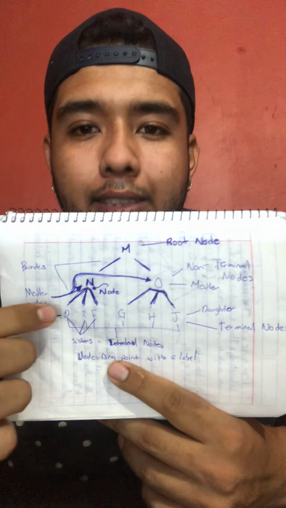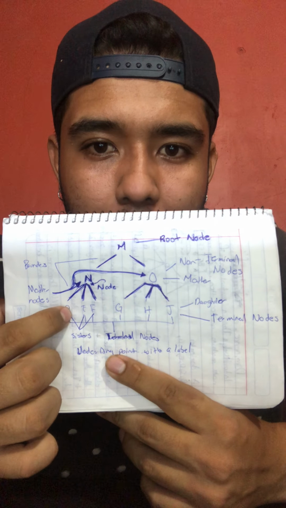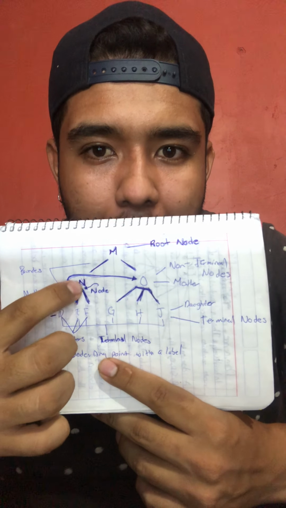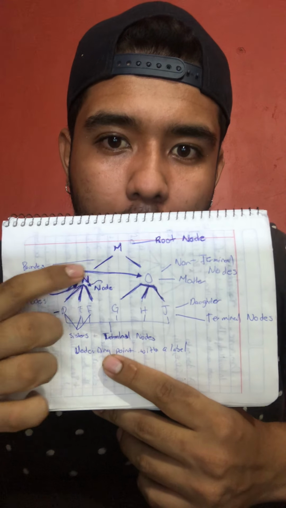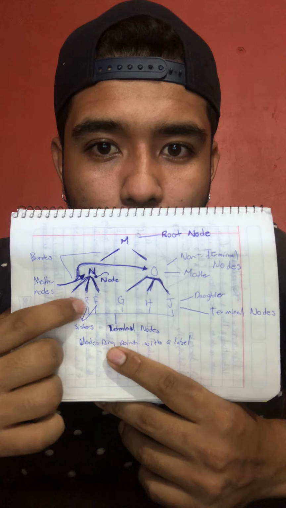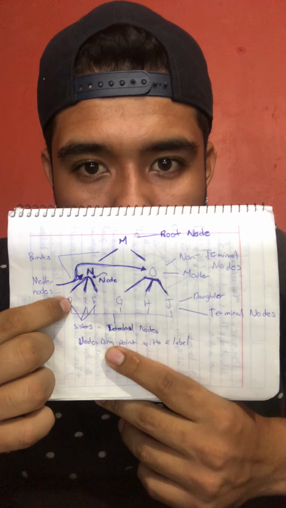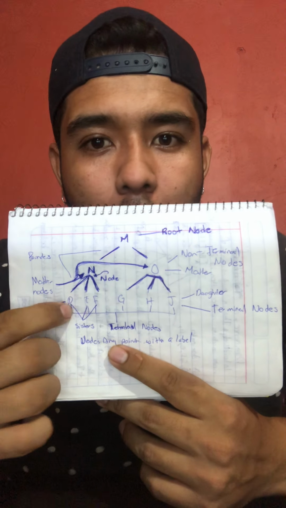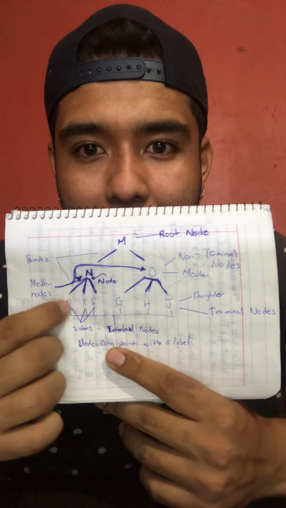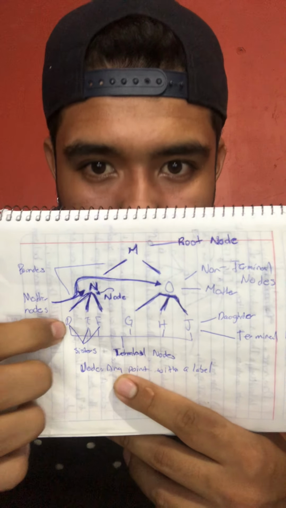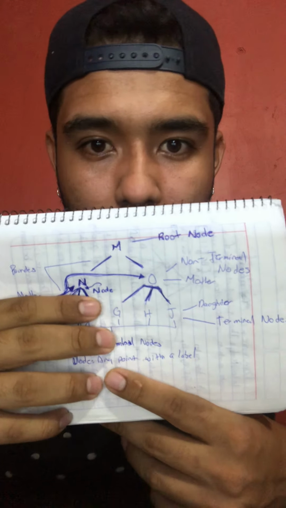When we have a set of words that have the same node on top of them, we call that node the mother, and we call those words sisters, because they have the same mother, the same node on top of them.